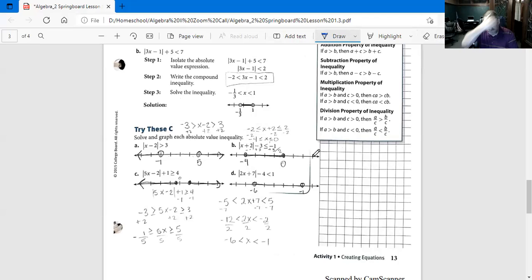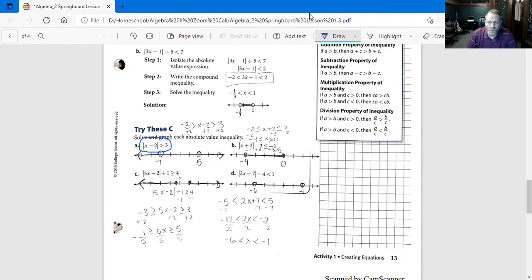All right, guys. So I'm going to work the first one for you both ways, and then I'm not going to work it both ways anymore. I'm going to show you the old way, and then I'm going to show you the new way, the compound way. So the absolute value of x minus 2 is greater than 3.